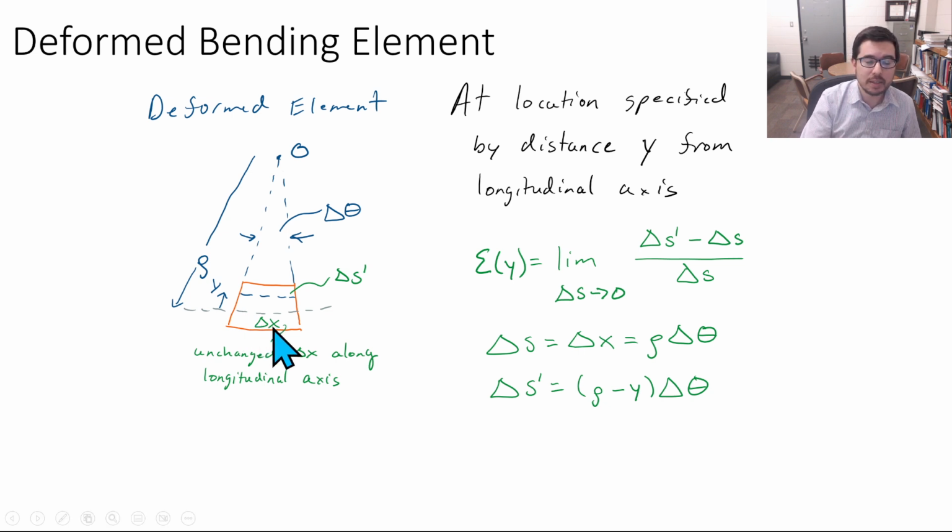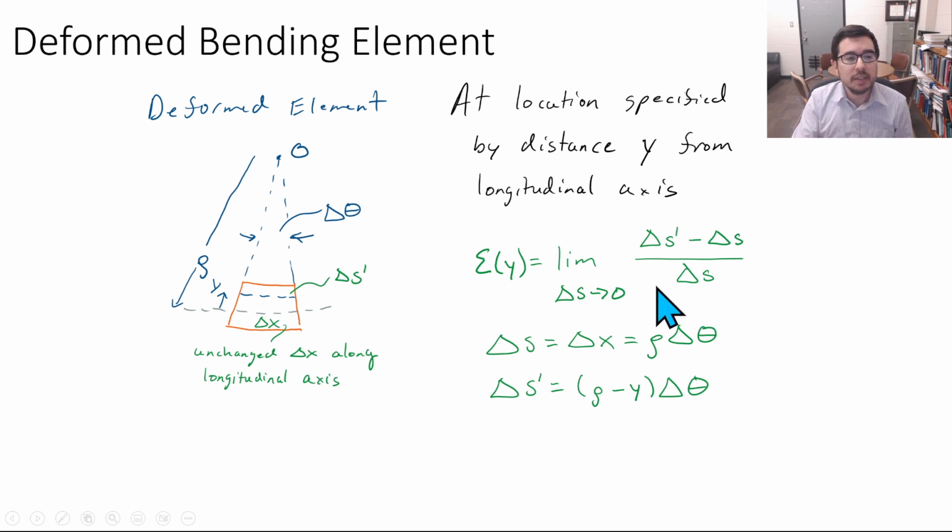That delta x we defined to be delta s. So these are the unchanged lengths, delta s. And the change in length is the delta s prime. So what is this new length minus the original length, divided by the original length?